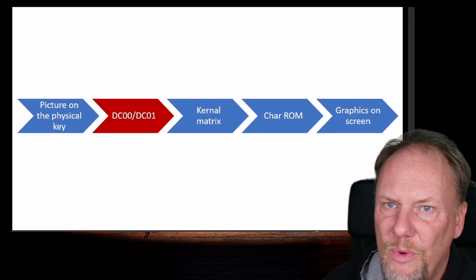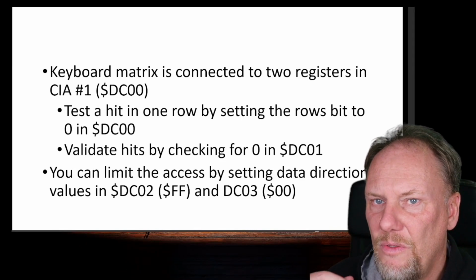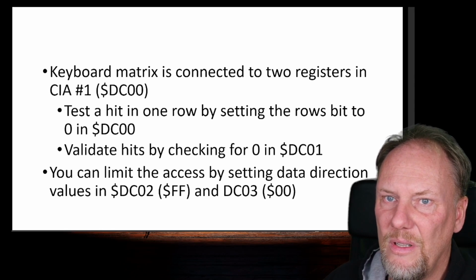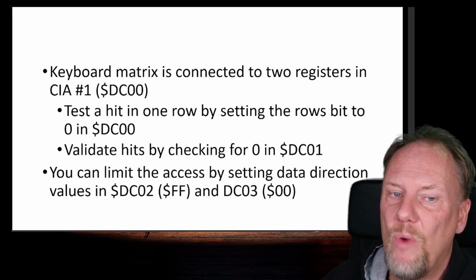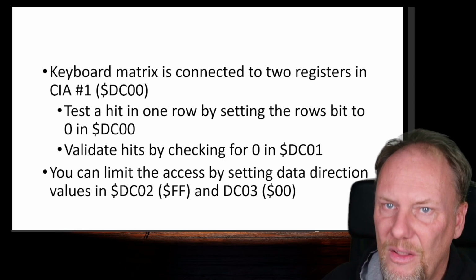So this is where we get to DC00 and DC01. The keyboard matrix is connected to the CIA, the first timer chip, where DC00 is one register and DC01 is the other register.